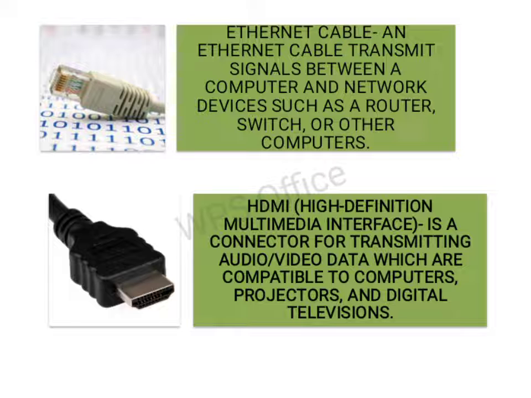Next is HDMI, or High Definition Multimedia Interface. It is a connector for transmitting audio or video data which are compatible with computers, projectors, and digital televisions. According to Wikipedia, a High Definition Multimedia Interface is a proprietary audio-video interface for transmitting uncompressed video data and compressed or uncompressed digital audio data from an HDMI-compliant source device, such as a display controller, to a compatible computer monitor, video projector, digital television, or digital audio device.